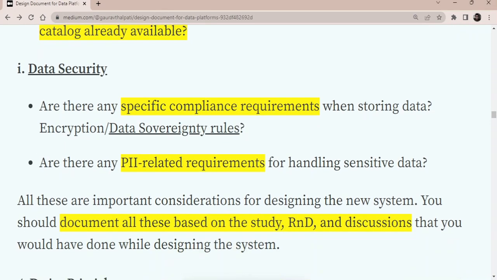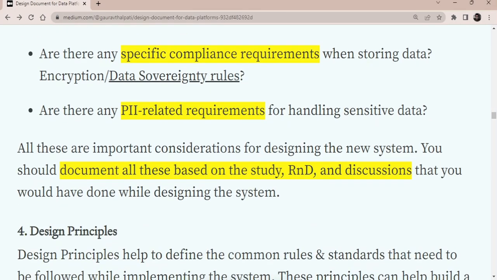Data security is very, very important, mainly for the cloud ecosystems. Are there any specific compliance requirements, whether they're like GDPR, PCI DSS, all those? You should document these so that accordingly, when you are designing the system, you can take care of that.